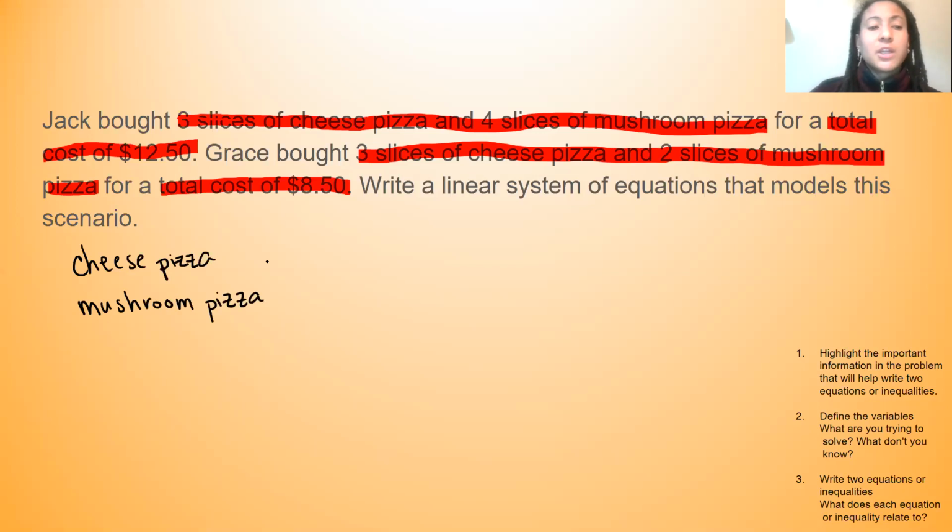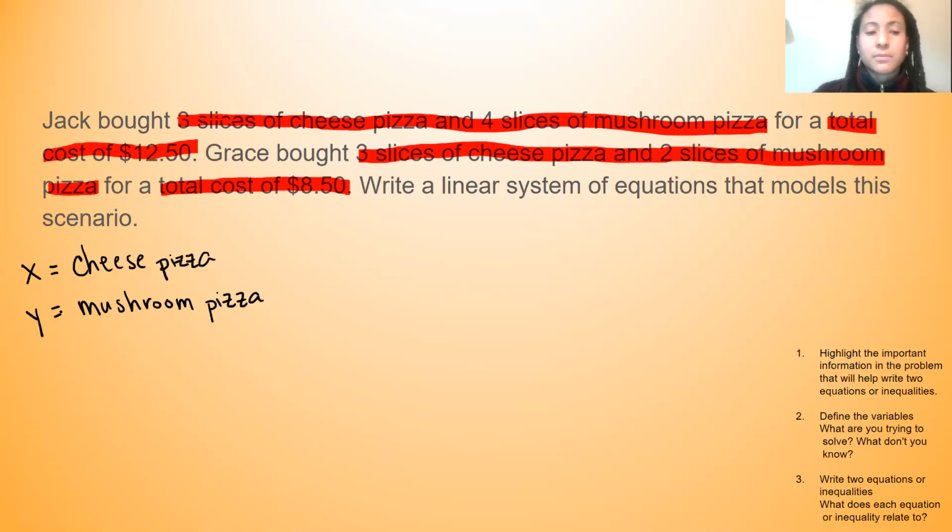So if you notice in the two scenarios, they both spoke about pizza. So does it matter in this case what letters we use? No, the question did not define what letters we would use for each type of pizza. So I'm just going to say X is going to represent my cheese pizza and Y is going to represent my mushroom pizza.